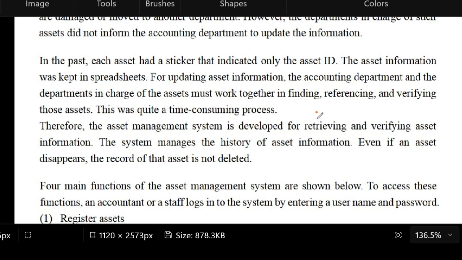This was quite a time-consuming process. Therefore, the asset management system is developed for retrieving and verifying asset information. The system manages the history of asset information. Even if an asset disappears, the record of that asset is not deleted.